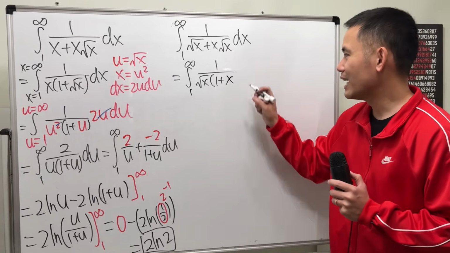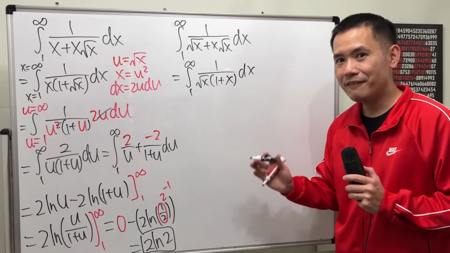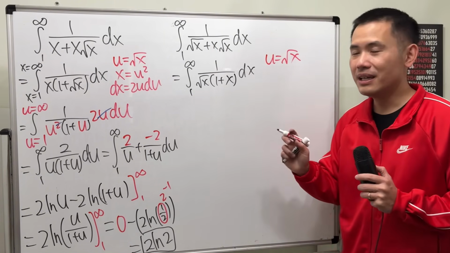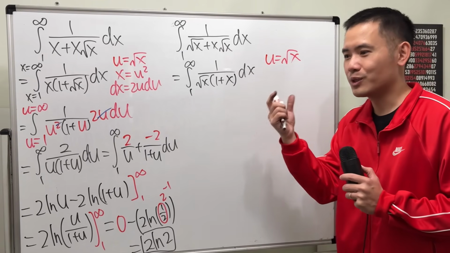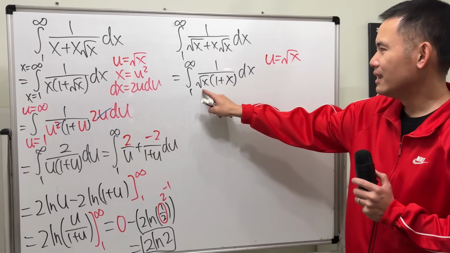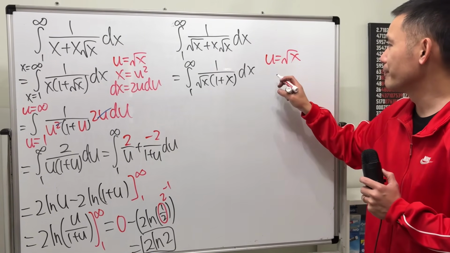But this time, what do we do though? In fact, I will still let u equal square root of x. Because this right here can be looked at as square root of x squared, which square root of x is the inner function as well. But if you just say, let's get rid of the square root by doing this, you will see it works out very nicely too.